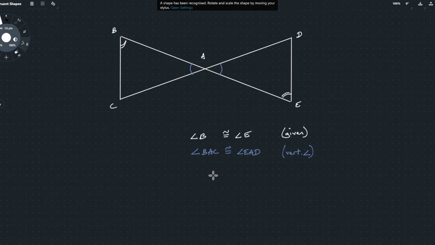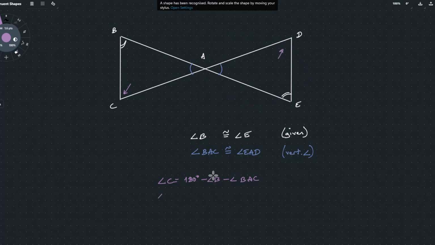So this angle in here, angle C, is going to be equal to 180 degrees minus angle B minus angle BAC. I can do the same for this triangle over here.